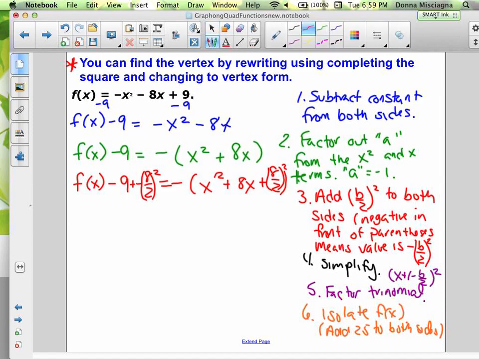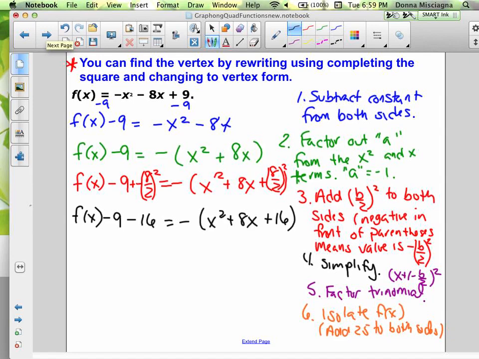Now let's simplify. That was the end of that step. So we have f of x minus 9. 8 divided by 2 is 4, and 4 squared is 16. So we have minus 16 equals negative x squared plus 8x. This one is a positive 16. But we know it's really not if we were to distribute that negative back.